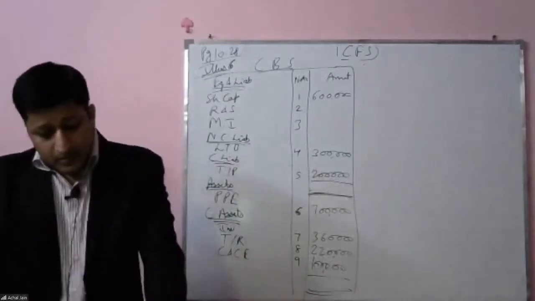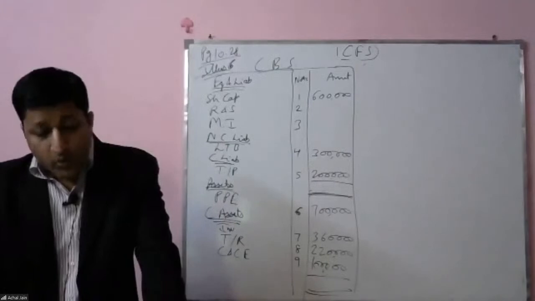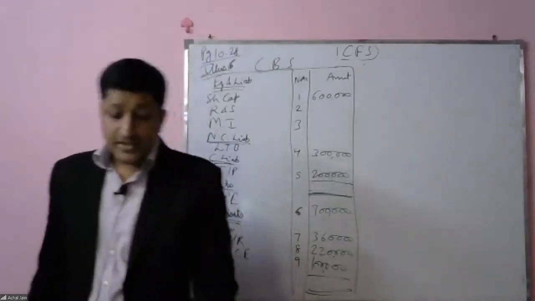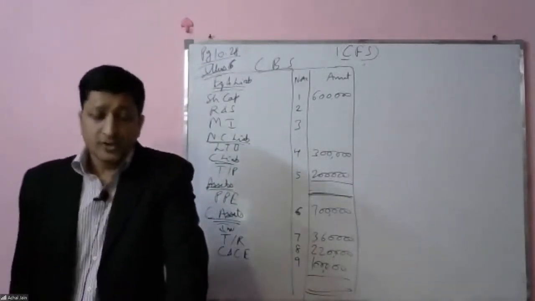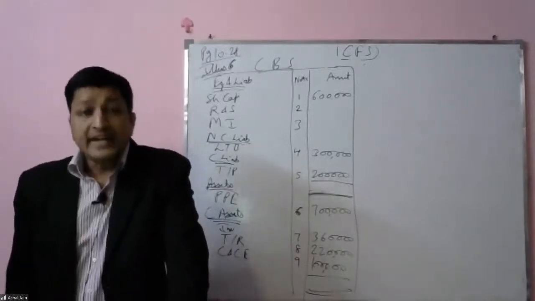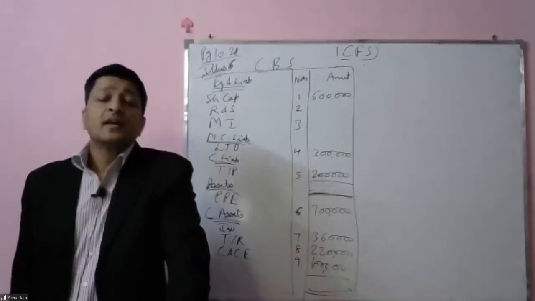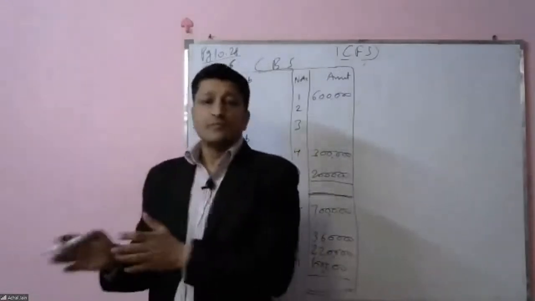Now, if you look at the information about these two companies, since Virat Limited holds shares in Anushka Limited since its incorporation, the entire reserve balance of rupees 1 lakh will be the one which is post acquisition, correct?